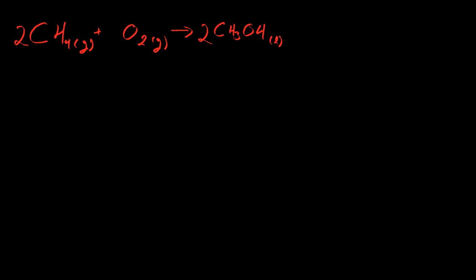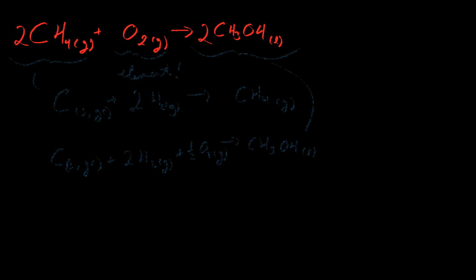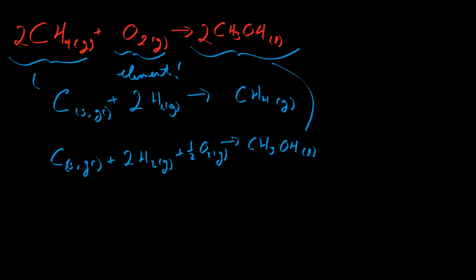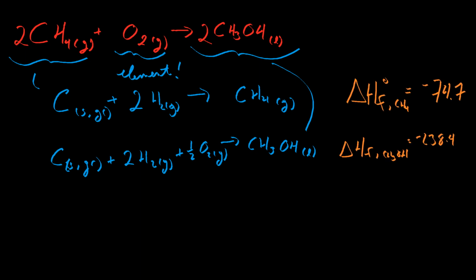We have methane here on the left and methanol on the right, which we can write down their formation reactions with the associated enthalpy of formation. We don't have to do that for oxygen. Oxygen is already an element.